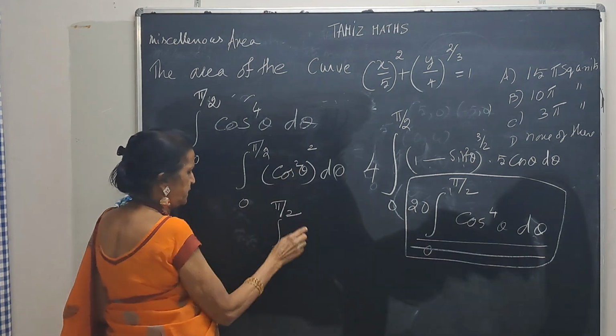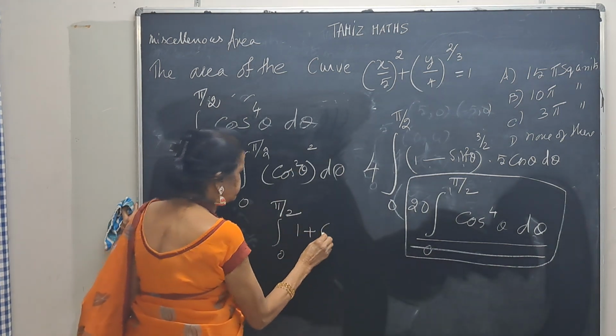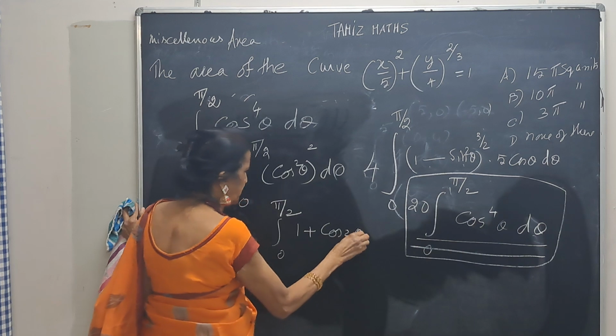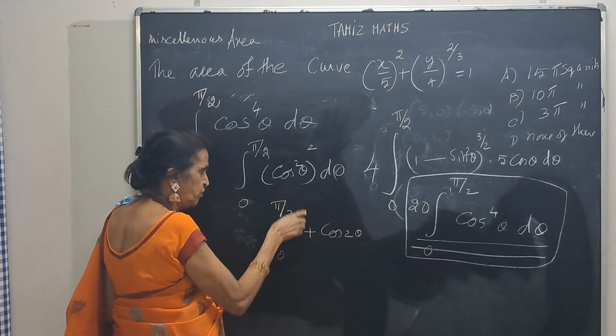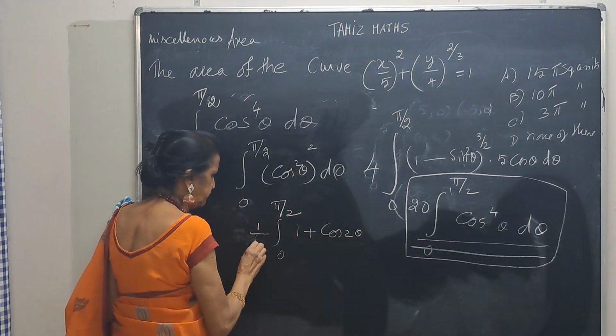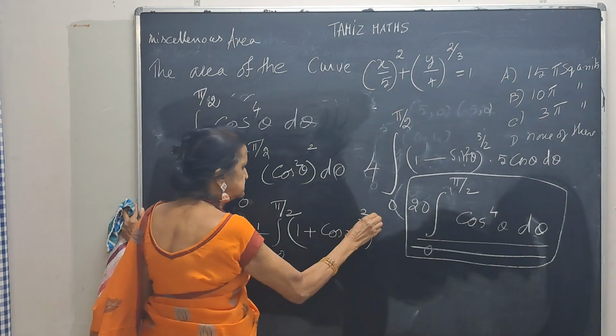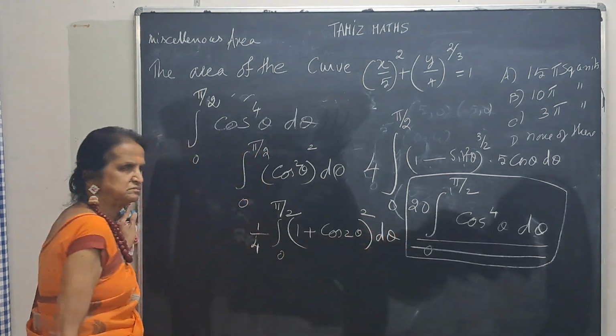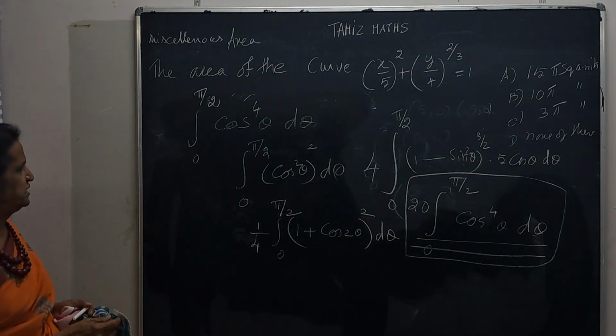What is cos square? 1 plus cos 2 theta by 2, whole square. So that will become 1 by 4. Correct?